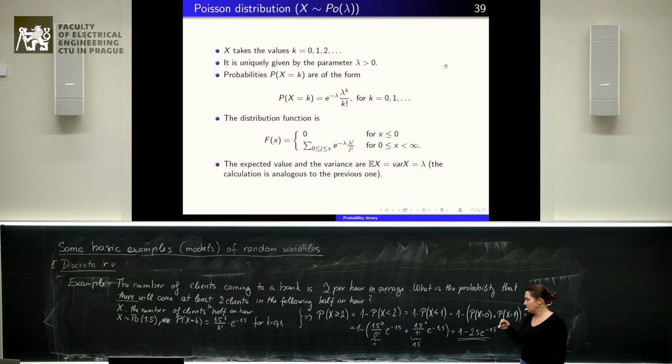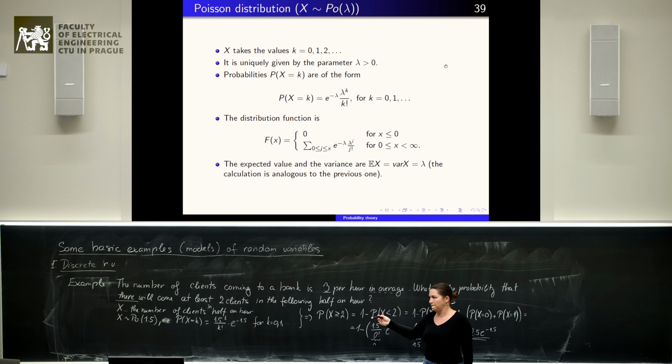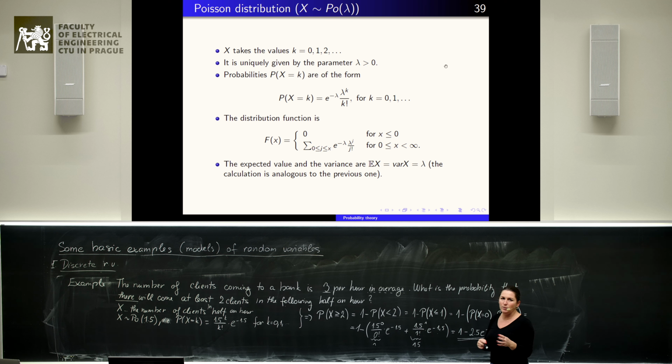When you use this approach, I will repeat it once again. The probability that x is greater or equal to 2 is 1 minus the probability of the complementary event that x is less than 2. When we care about the number of clients, x less than 2 means that x is at most 1.